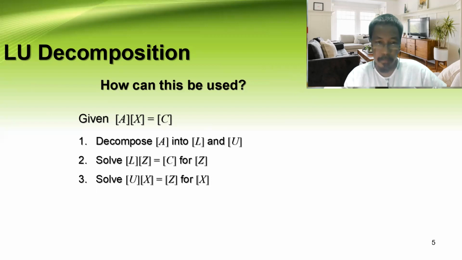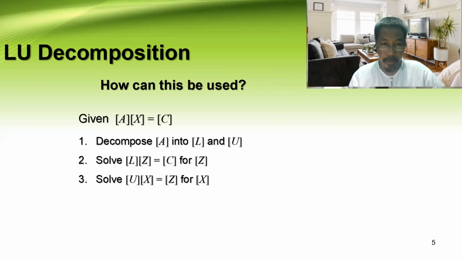Step 2: solve the lower triangular matrix multiplied by vector Z equal to C. We have to solve for Z, because C is a constant vector, so we can solve for the value of Z.